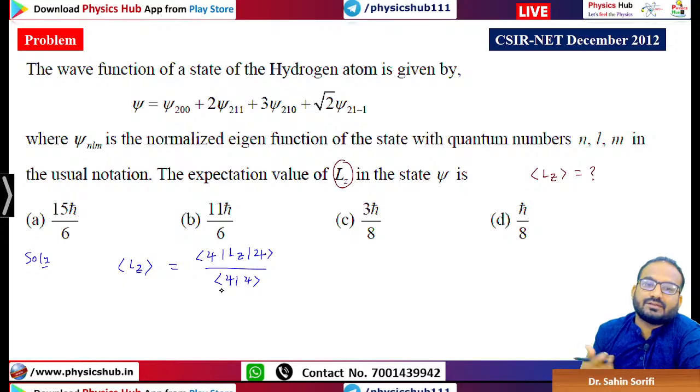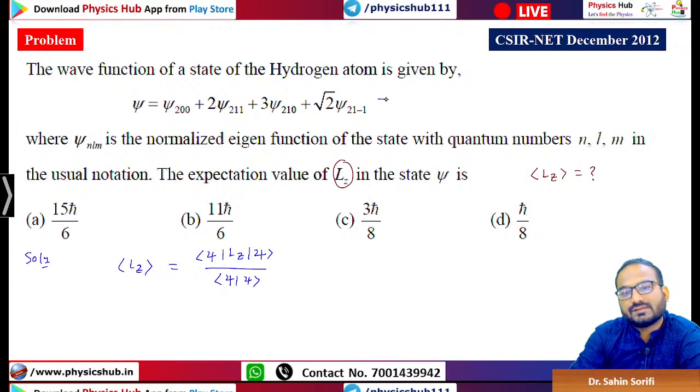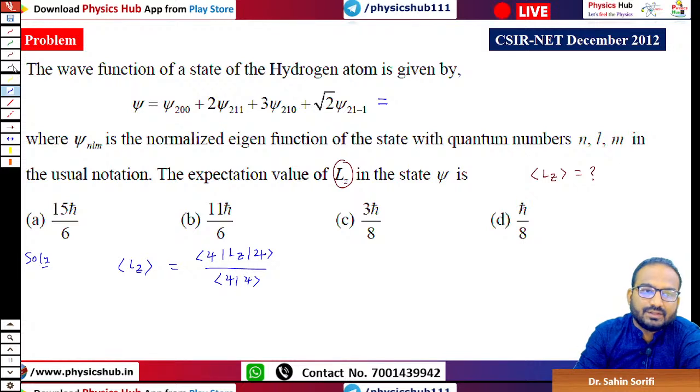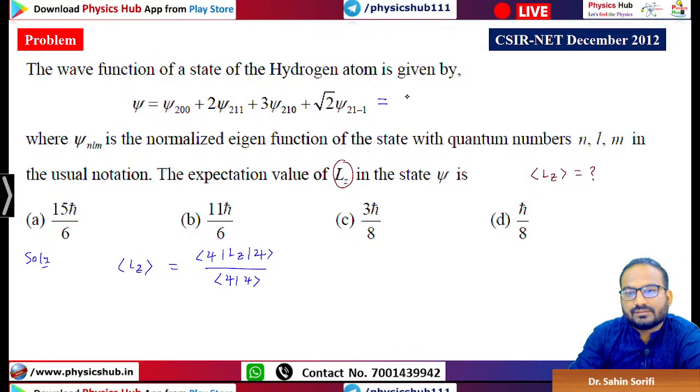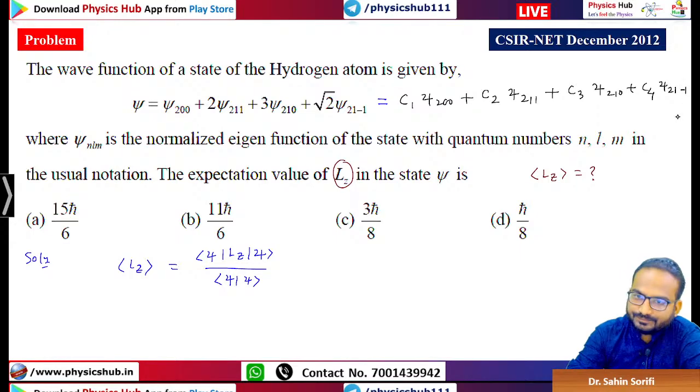So you can write this expression of ψ as C1 ψ2,0,0 plus C2 ψ2,1,1, C3 ψ2,1,0, C4 ψ2,1,-1.